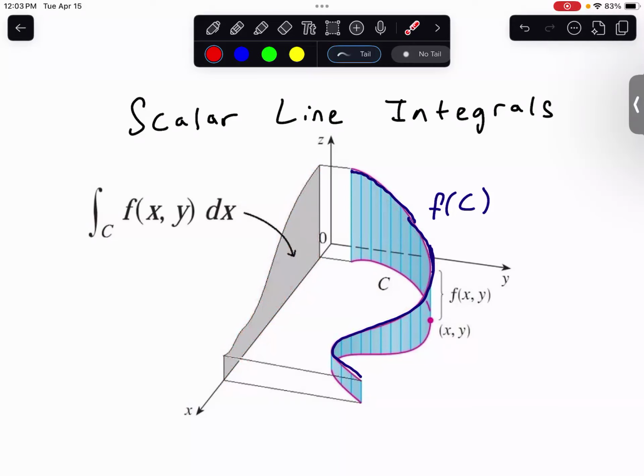So that's what we're doing with the scalar line integral. We're looking at some subset of points on the xy plane. We're plugging them into f. They get a curve in 3-space, and then we're finding the area underneath the curve. That's what we're doing when we're computing the scalar line integral. When we're doing the vector field integral, it's really just a form of the scalar line integral, so the same interpretation holds.